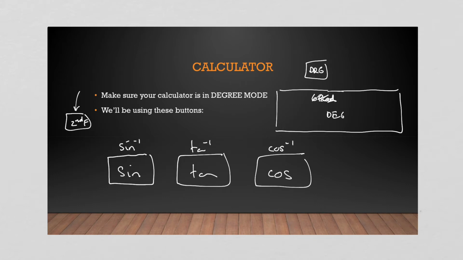You'll notice that the color of that button is the same as the color of the words up above. People always say, I have a calculator, why do I need to learn this stuff? But most of the time you don't know how to use your calculator, so knowing how to use it is really important. If you were using your cell phone, don't use your cell phone calculator. Get yourself an $11.99 calculator.